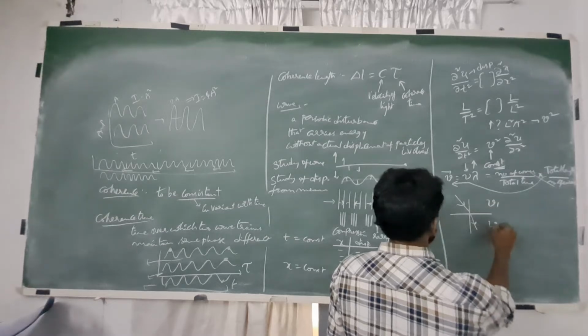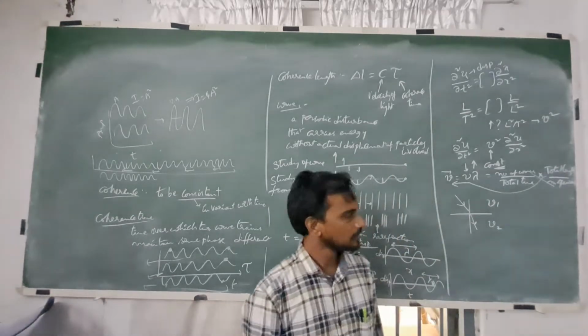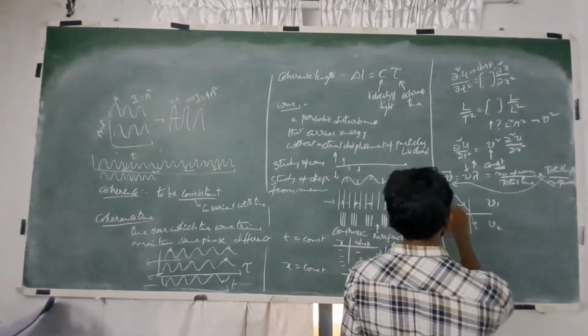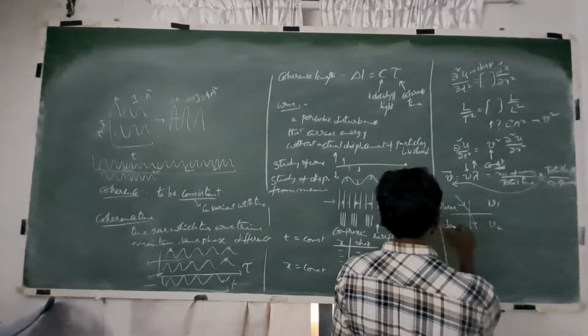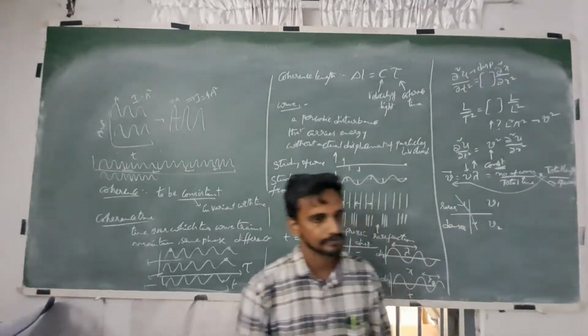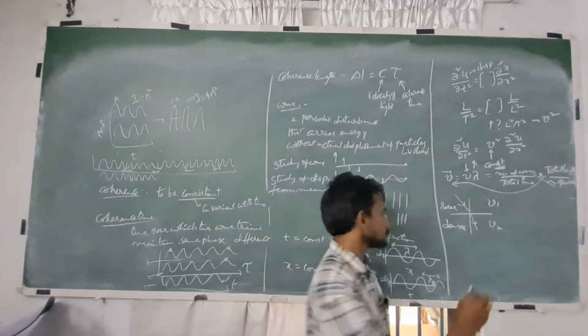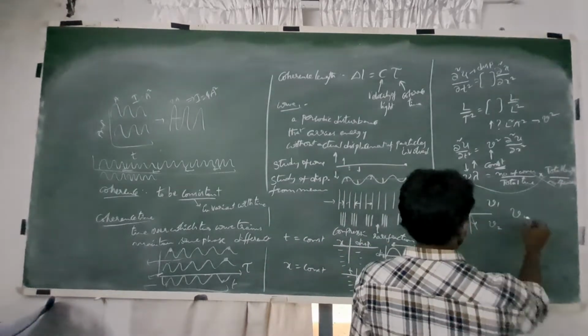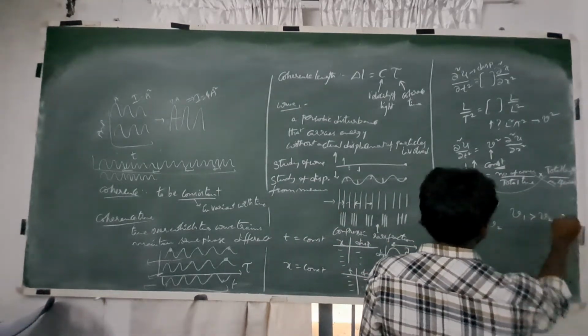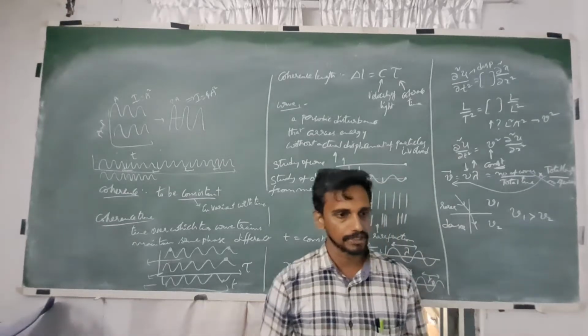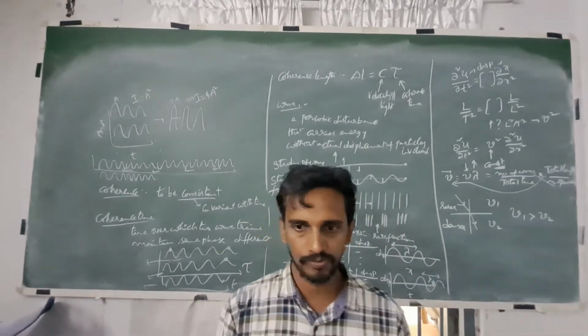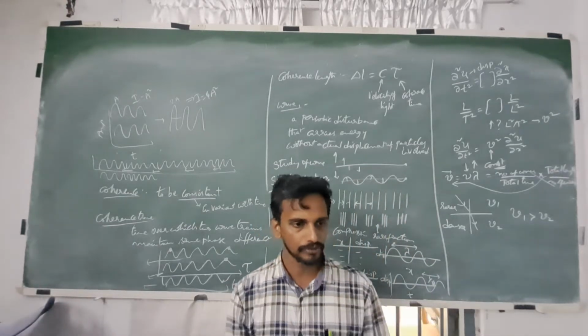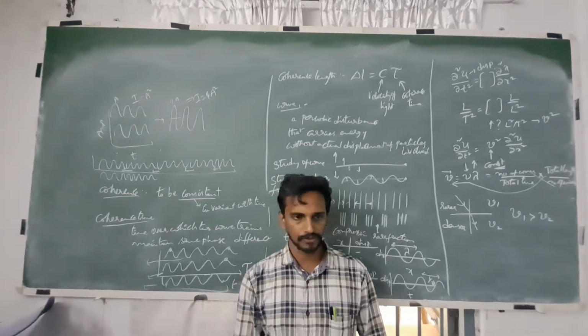So here the velocity is v1, there the velocity is v2. Let's say this is a rarer medium and this is a denser medium. What happens? This v1 is greater than v2. Light slows down when it enters a denser medium because it interacts with more and more atoms or molecules. So it slows down.